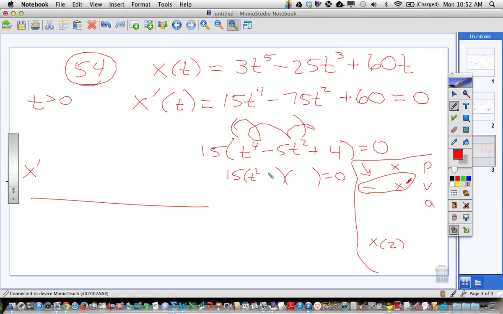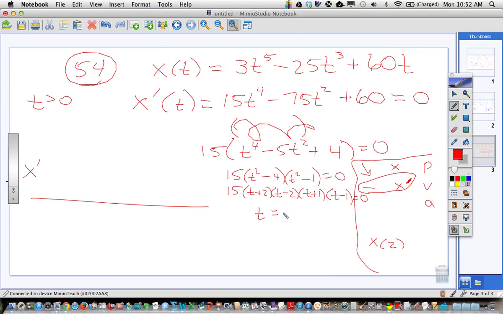This would be t squared and t squared, minus 4, minus 1. Right? That'd give me minus 5t squared in the middle. -4 times -1 gives me positive 4. Now both of those break down too, don't they? That'd be t plus 2, t minus 2, t plus 1, t minus 1. So 15, of course, would never equal 0.